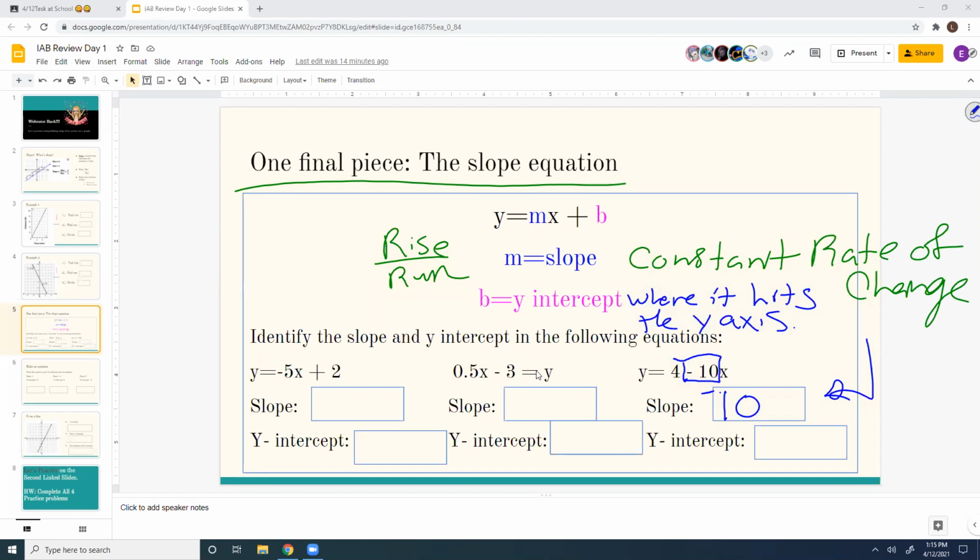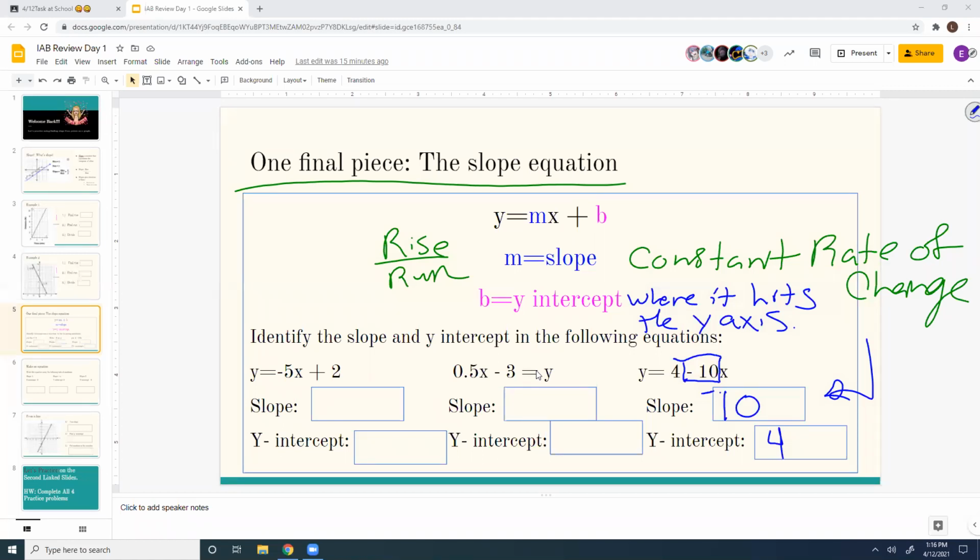And then what's our y-intercept going to be? Jonah, what do you think? We said the slope was -10. So what's my y-intercept? That number all by itself, saying it's a 4. Okay, so you said it's a 4.